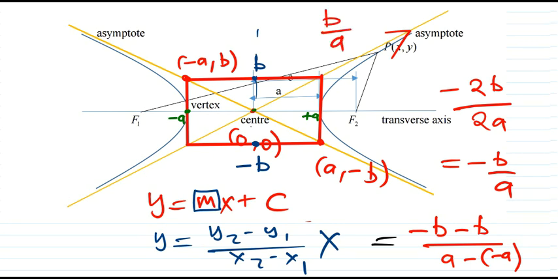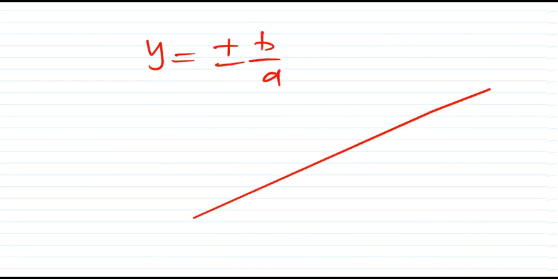So therefore, in summary, the equation for the asymptotes is plus or minus b over a, where the slope going this way is positive b over a, the other one is negative b over a. Those are the equations that will help you determine the asymptotes, right?